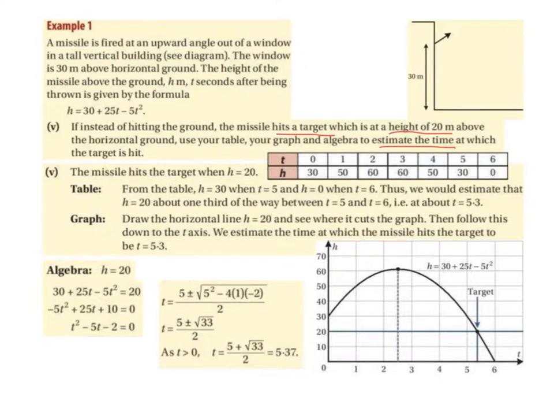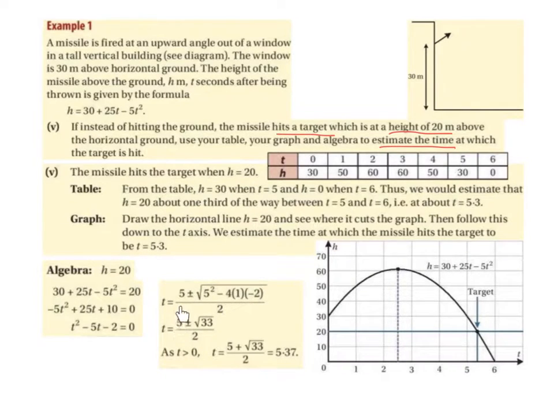We're going to use our minus b formula, letting a equal 1, b equal minus 5, and c equal minus 2. We substitute our a, b, and c values into our quadratic formula. We end up with 5 plus or minus the square root of 5 squared minus 4 multiplied by 1 multiplied by minus 2, all divided by 2.